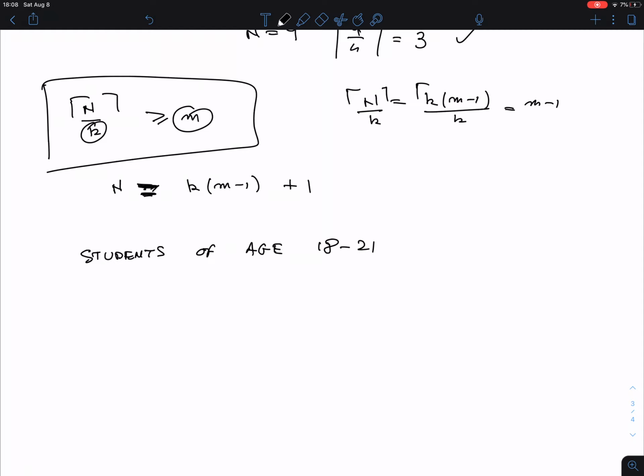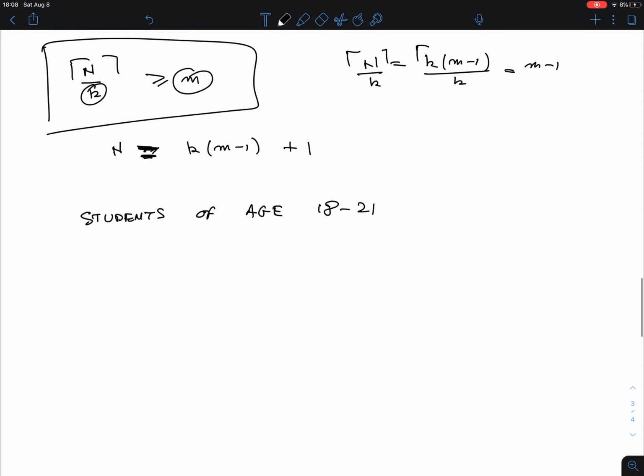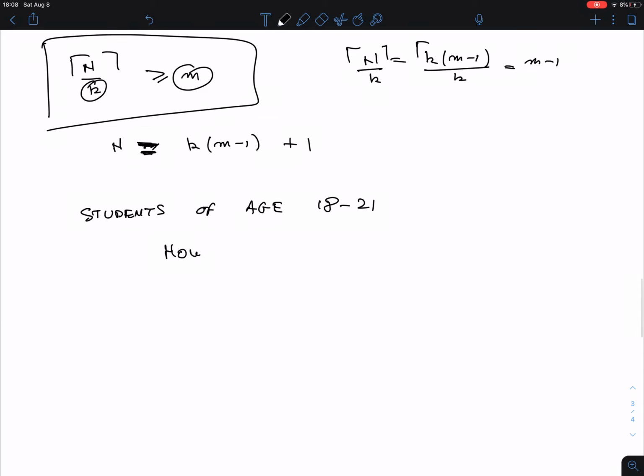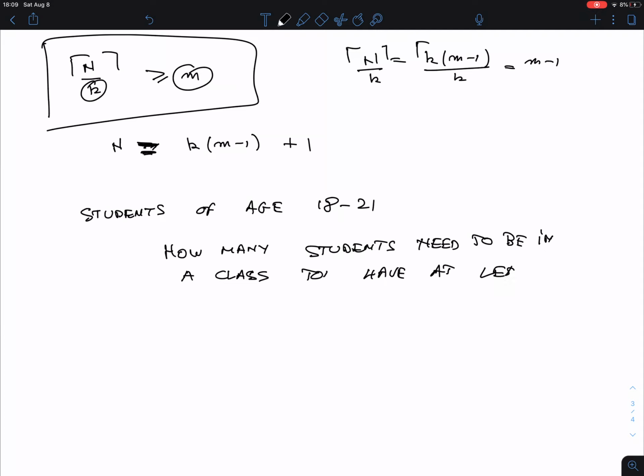So 4 different ages: 18, 19, 20, and 21. So how many students need to be in a class to have at least 4 of the same age? So n is the number of students in the class.